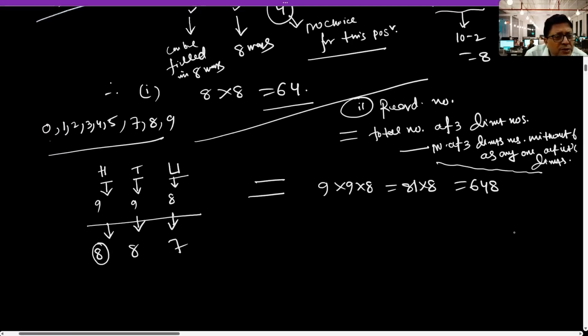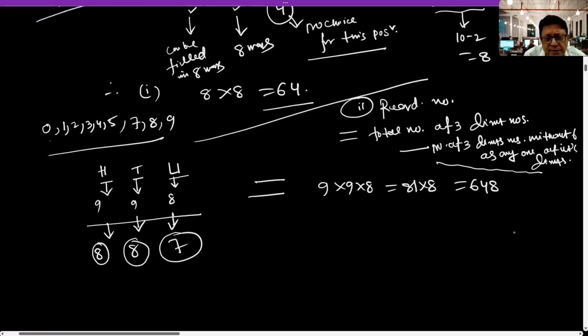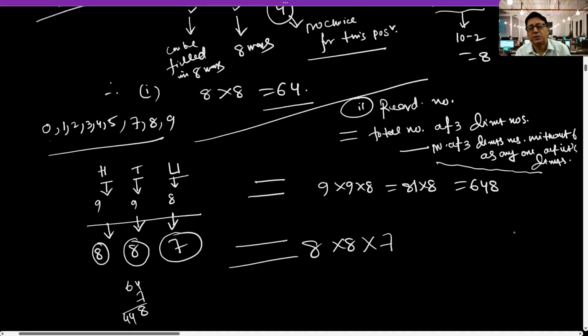That 7 plus 1, it will be 8. And for this place, 2 are in use out of 9. So this place is 7. So this is going to be 8 into 8 into 7. Clear? So it is 448 number of ways. Am I clear?